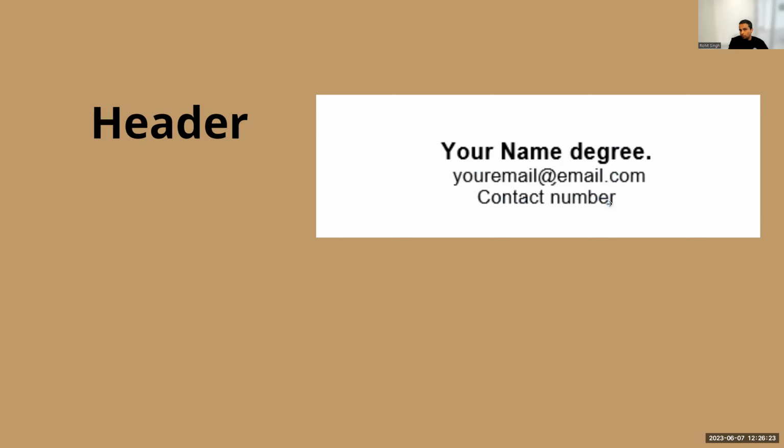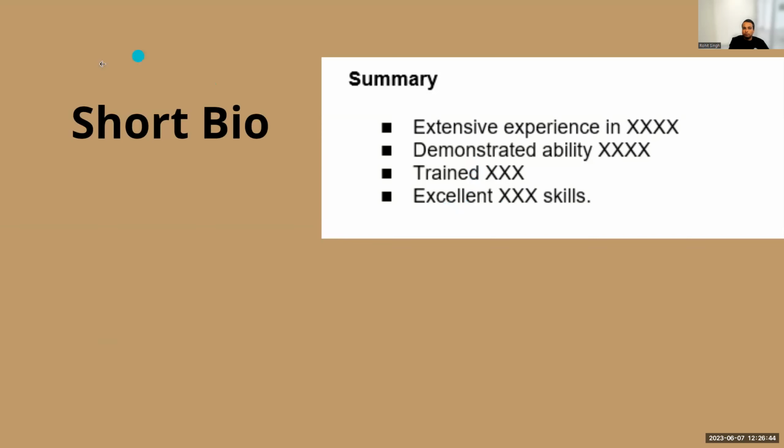If you want to put something else, you can put your social website, which could be your LinkedIn or any other professional website. Don't crowd it, don't put unnecessary fonts, coloring schemes, or anything. Keep it simple.